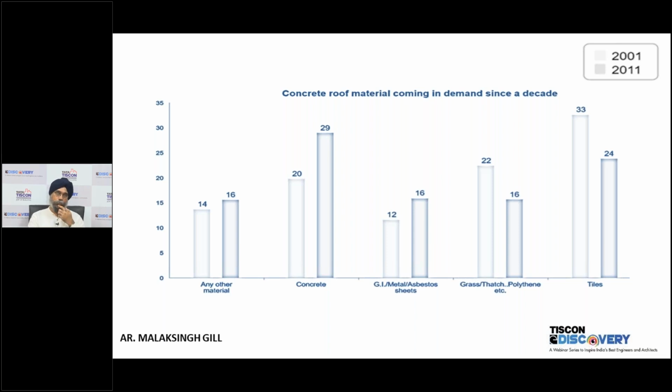Here is a statistic to discuss the use of materials for the roofs in our country, which are the major kind of shelter elements in a building. What are the materials being used in a decade? You can clearly see how the use of concrete is increasing, use of asbestos is increasing.